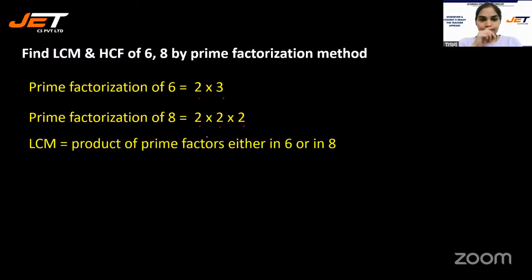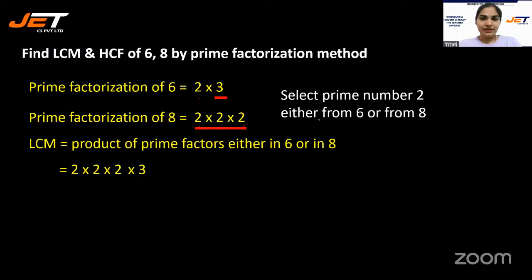Now LCM, product of prime factors either in 6 or in 8. Now 2, 2, 2 and 3. So what we have done here is basically you can make a group of this. Then 2 extras are remaining and 3.